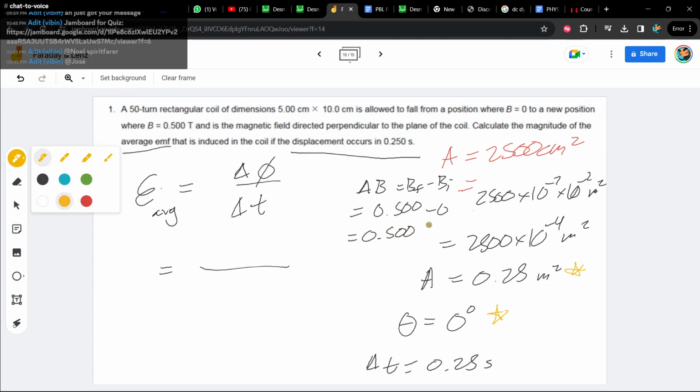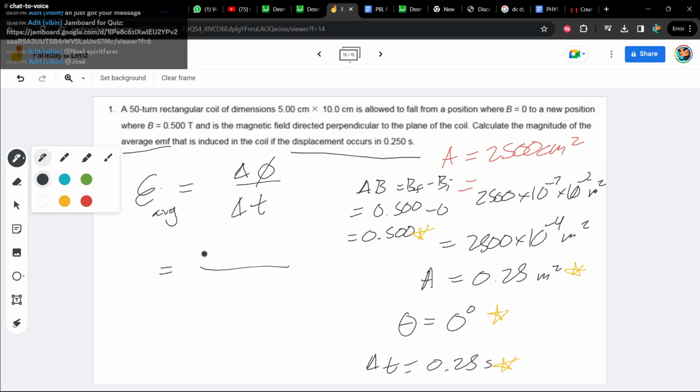So these are your star points. Now what do you do with this information? Multiply the change in B with the area and then divide by the change in time. That's correct.